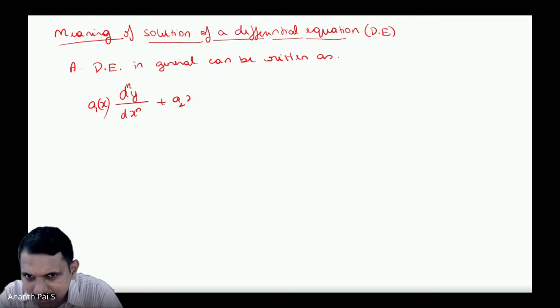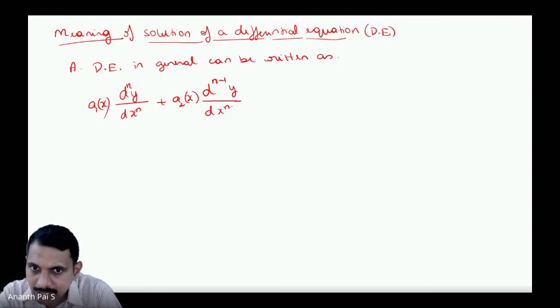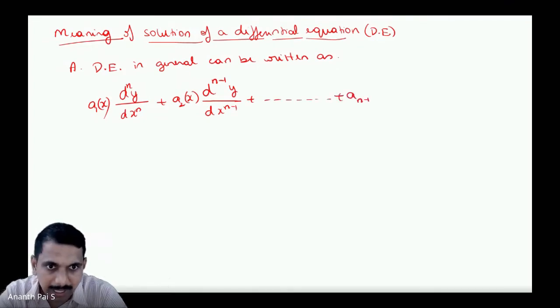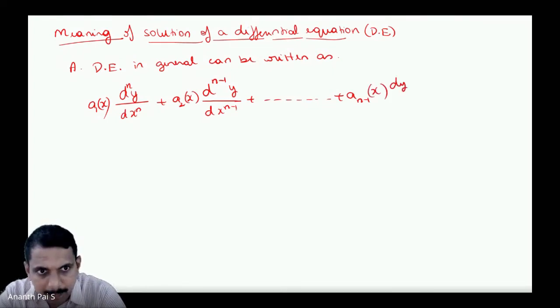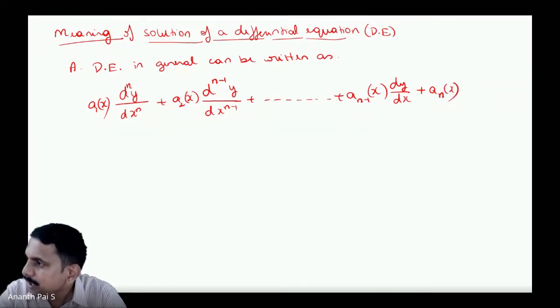Not memory, just like that. I'm writing in general, so I'm making it up now. d^(n-1) y by dx^(n-1) plus so on, up till plus a(n-1) of x into dy by dx plus a n of x, plus a constant is equal to 0.